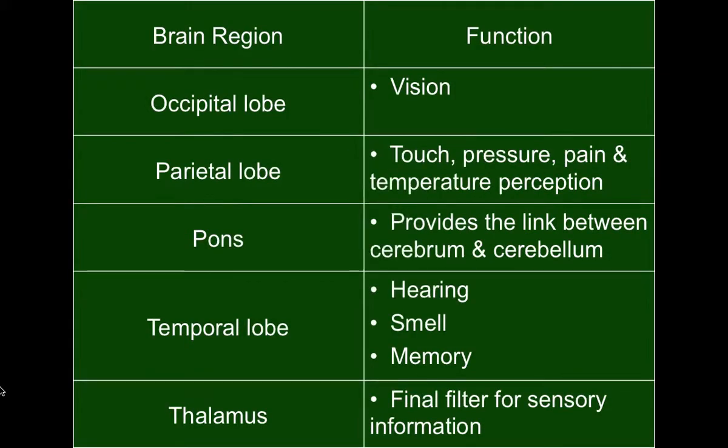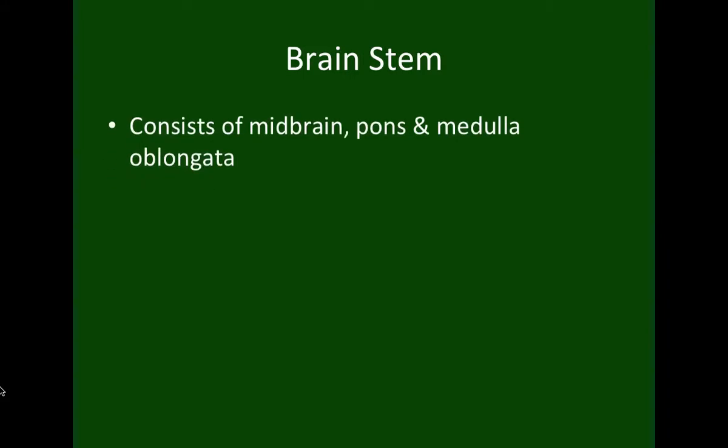Okay. Now what I want to do is I actually want to point out a couple of groupings of structures that exist in the brain based on those structures. The first one is the brainstem, which I had mentioned earlier. The brainstem consists of the midbrain, the pons, and the medulla oblongata. So those three structures on your chart there would consist of the brainstem.